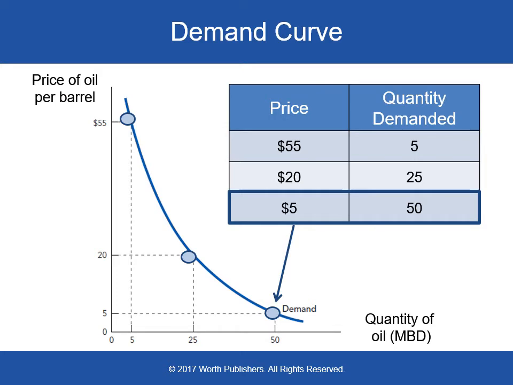Now, strictly speaking, this diagram cannot be totally real world, because in the real world we don't have an infinite number of possible prices of oil per barrel. We draw the curve as a continuous line just to get the intuition correct, and also to allow us to use some math.